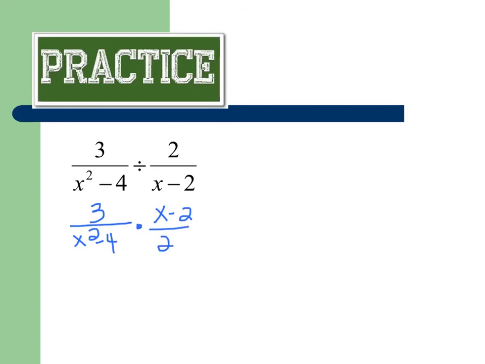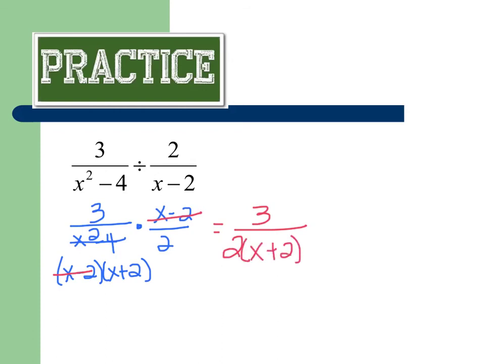Okay, so now we're going to factor the x² minus 4. X minus 2 times x plus 2. The x minus 2 reduces with the x minus 2. So we're left with 3 over 2 times x plus 2, where x cannot be -2.